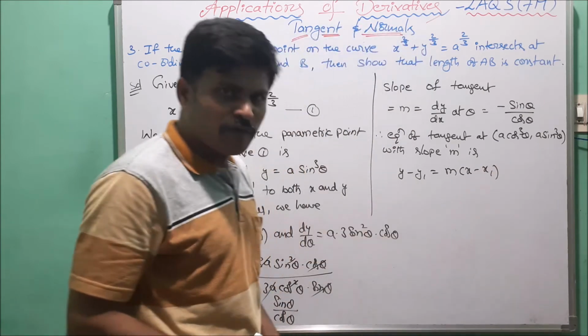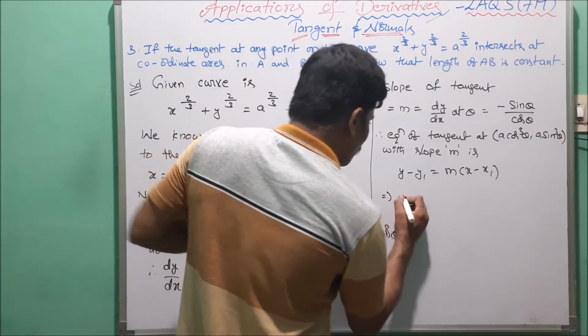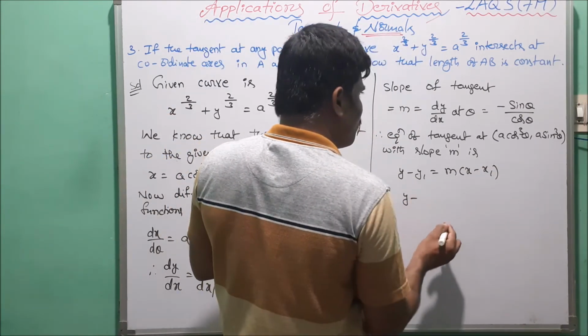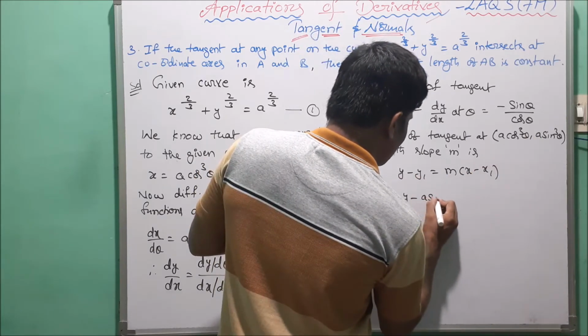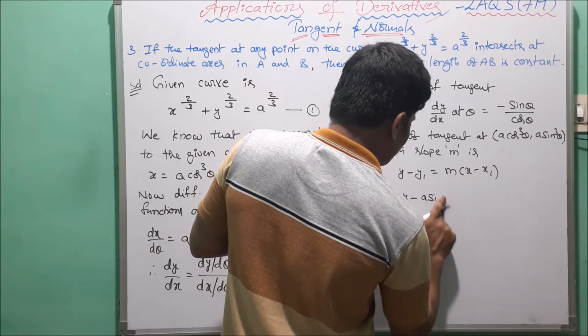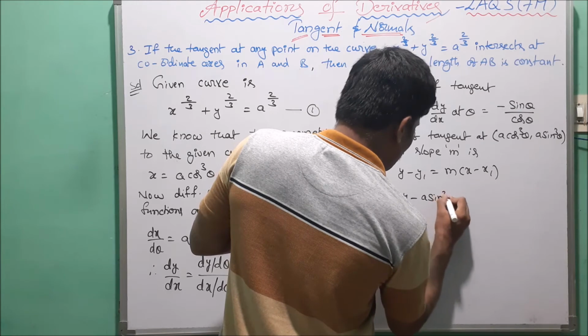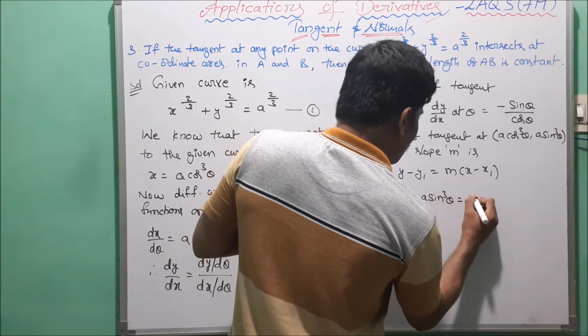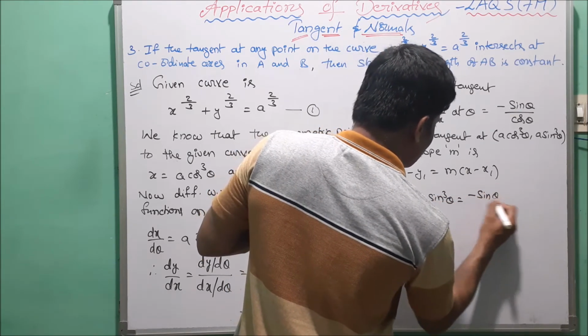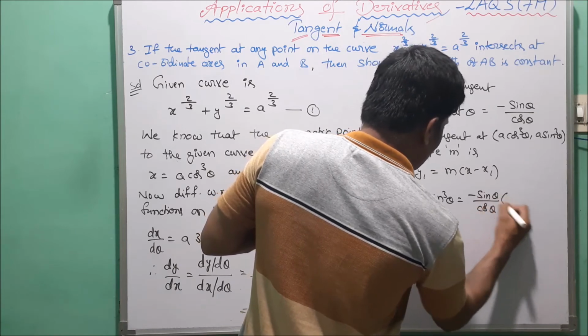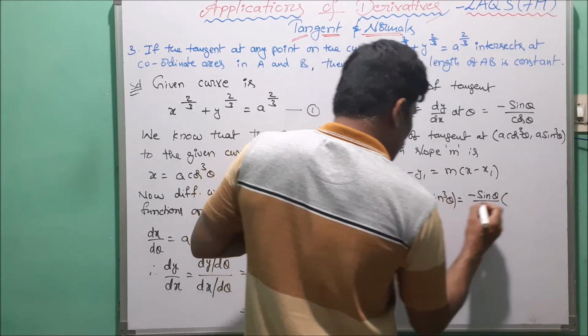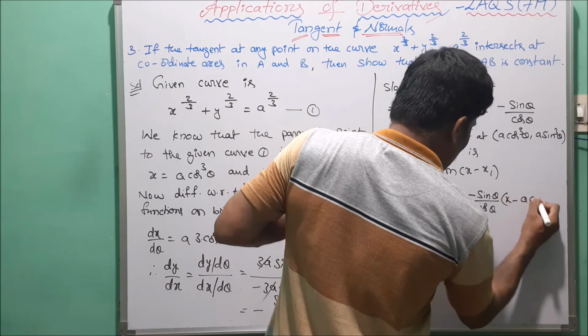This is the point slope form. Now here we substitute: y minus y1 means a sin cube theta, m means minus sin theta by cos theta, into x minus a cos cube theta.